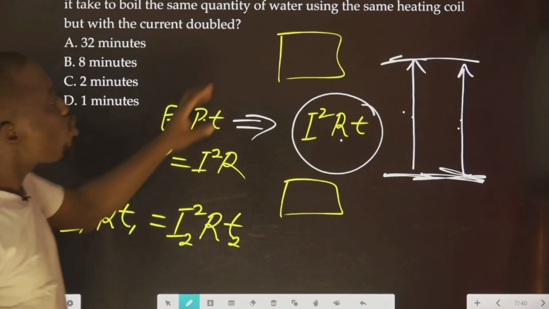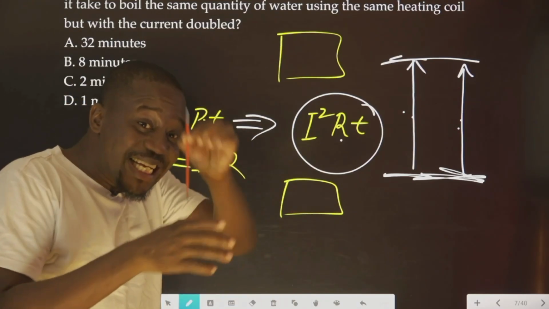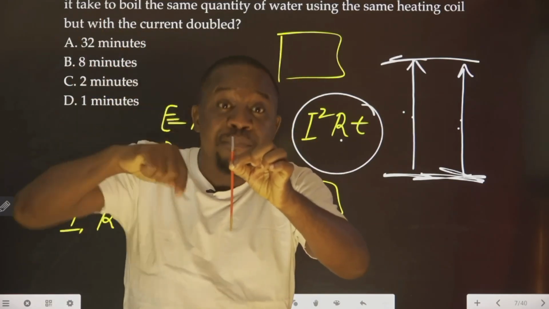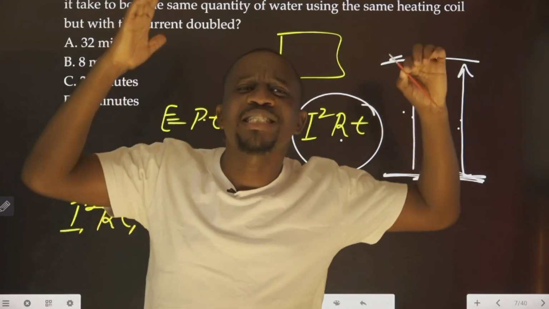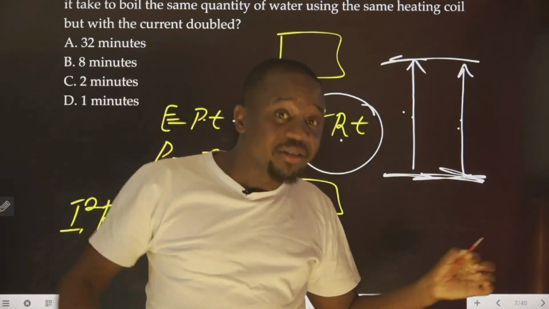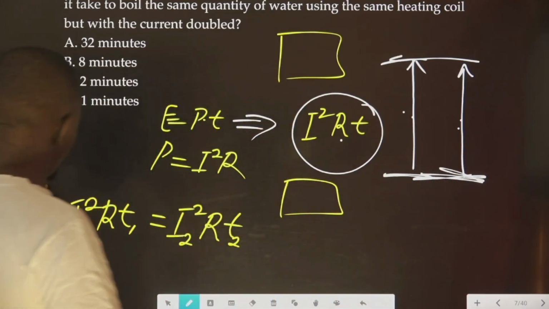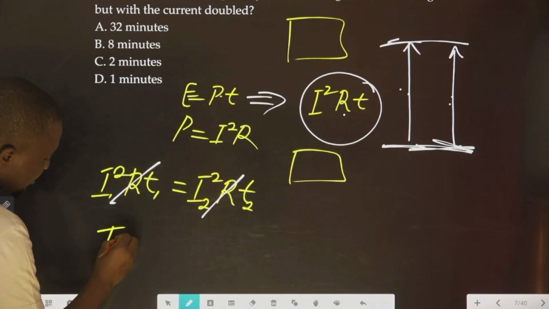Because we are using the same coil. Whatever resistance is in this coil will still be maintained. We are using the same coil, for God's sake. So it is the same resistance in the coil that is resisting the current from flowing very fast. So therefore, we can say that the R on both sides will cancel.